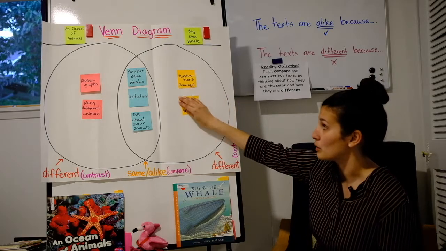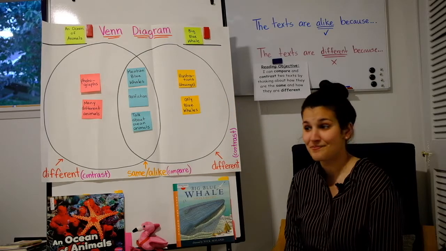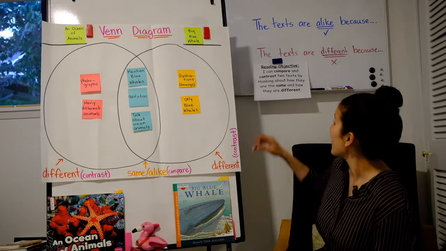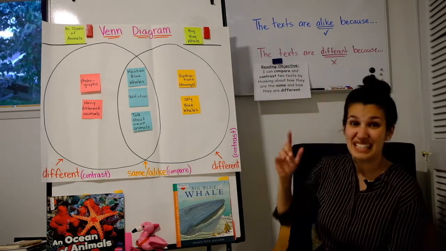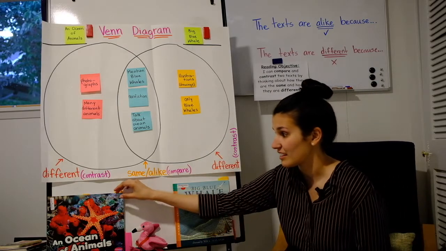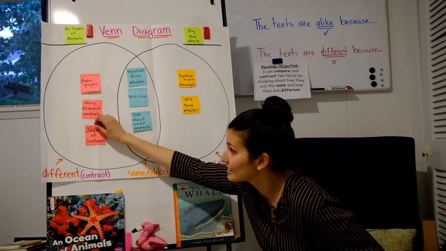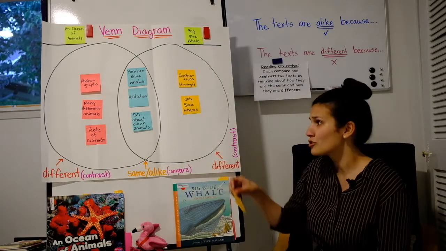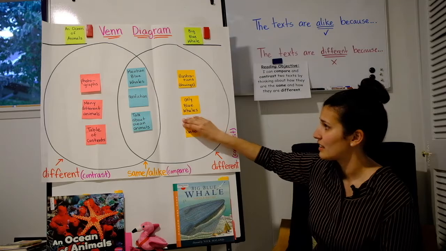talked about blue whales. Another thing that we had discussed and talked about was that the texts are different because in An Ocean of Animals, there's a table of contents. But in Big Blue Whale, there was no table of contents.